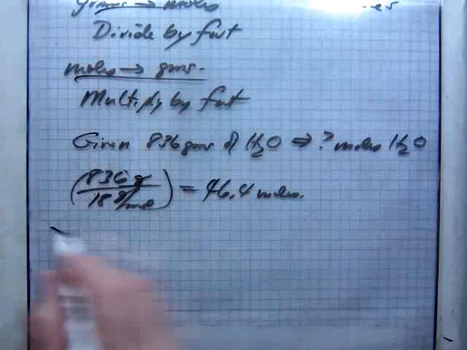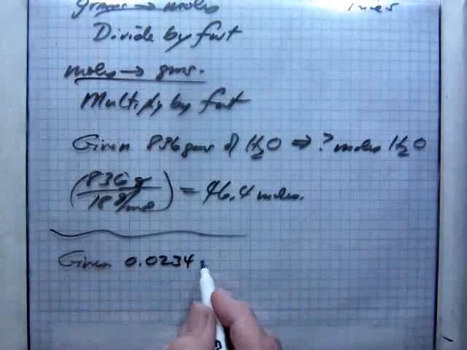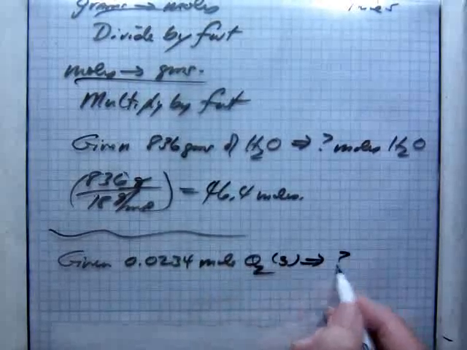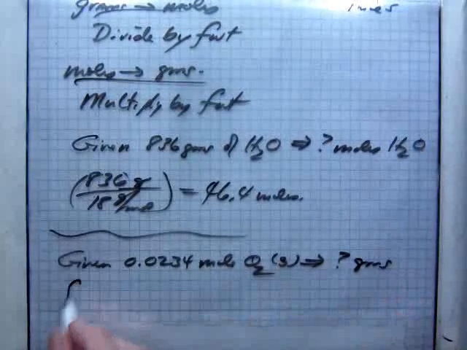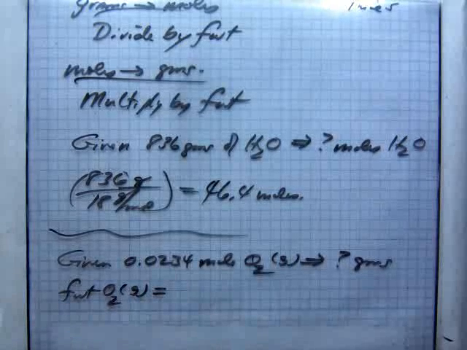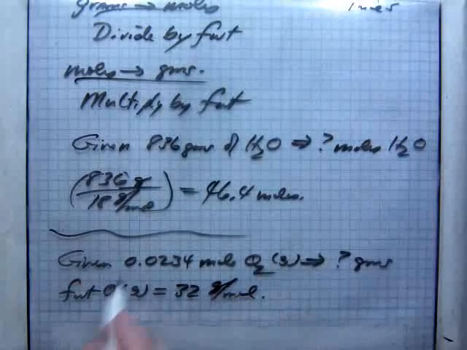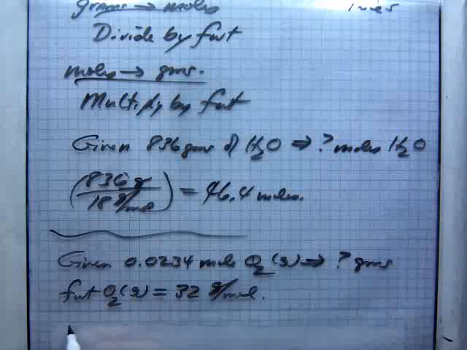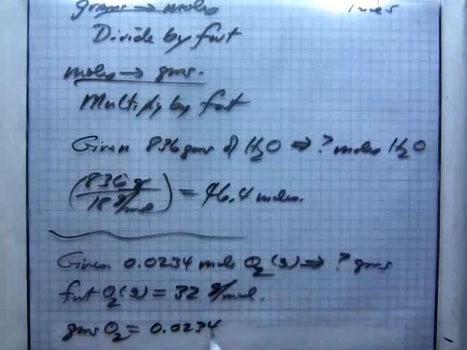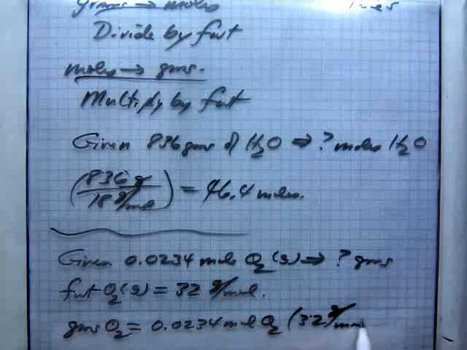going to grams. So given 0.0234 mole of oxygen, O2 gas, equals how many grams? Well, formula weight of O2 gas is 2 times 16 of 32 grams per mole, and you have this many moles, so the grams O2 is the product of 0.0234 mole O2 times 32 grams per mole O2.